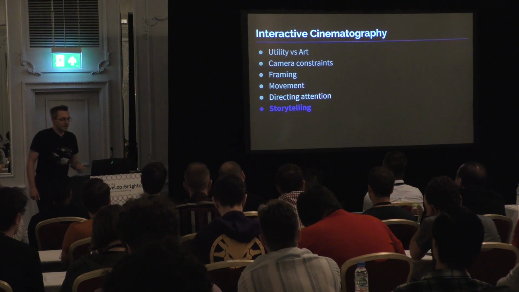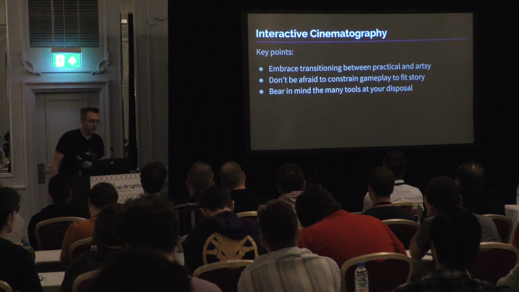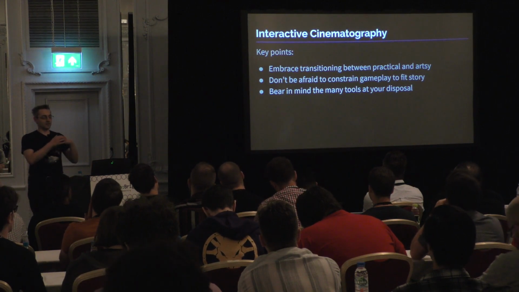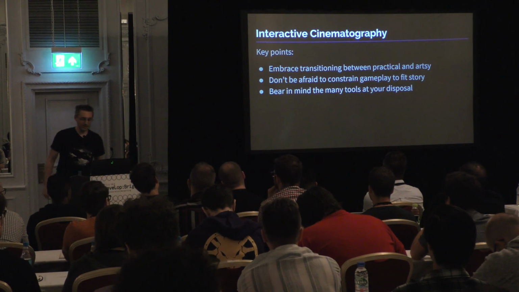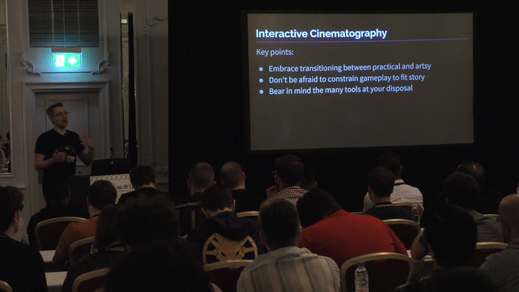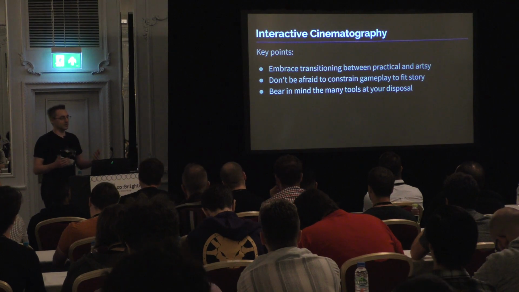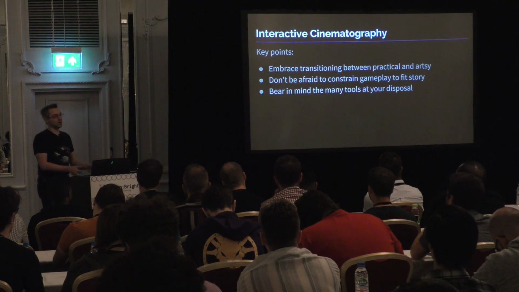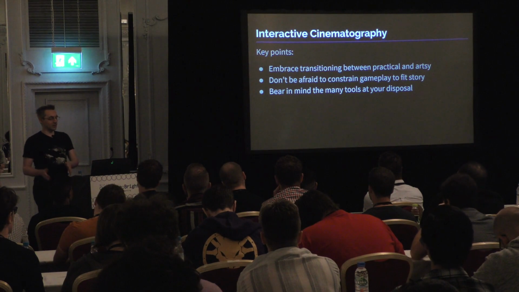So the key points that I'm basically trying to get at is that we can't always marry the two requirements of showing the player what is going on and also telling the story.